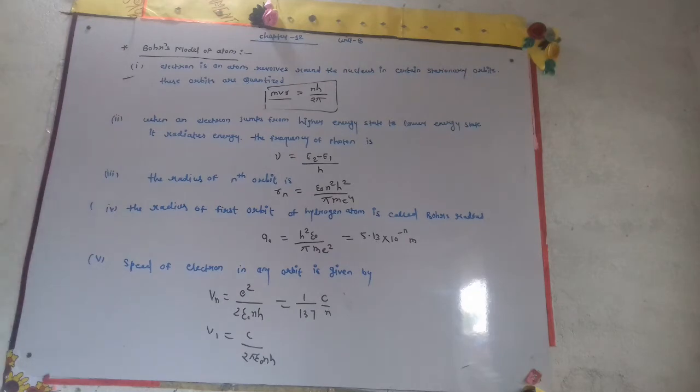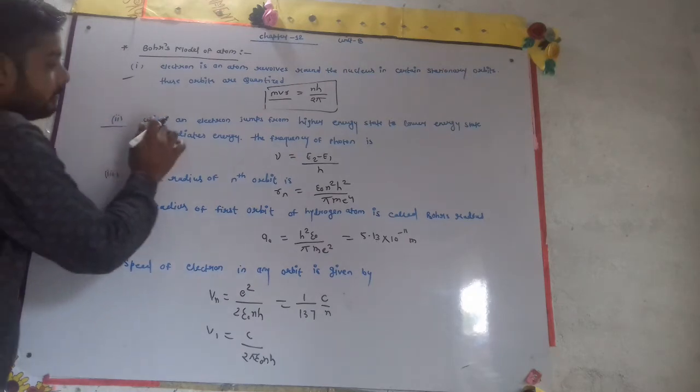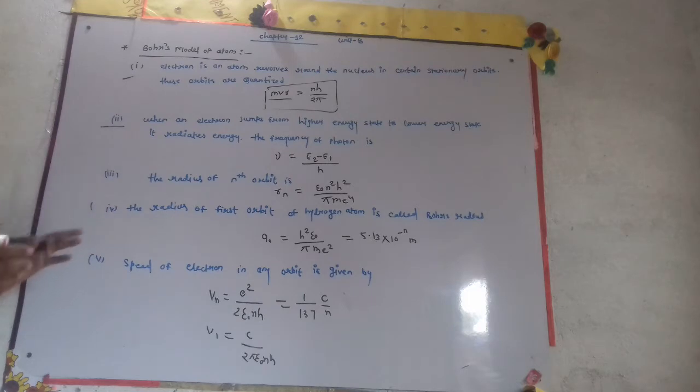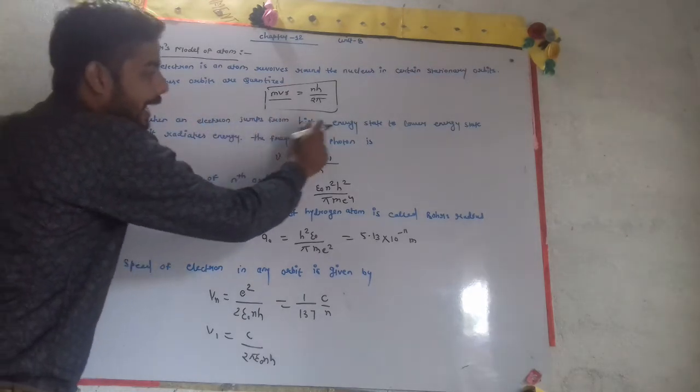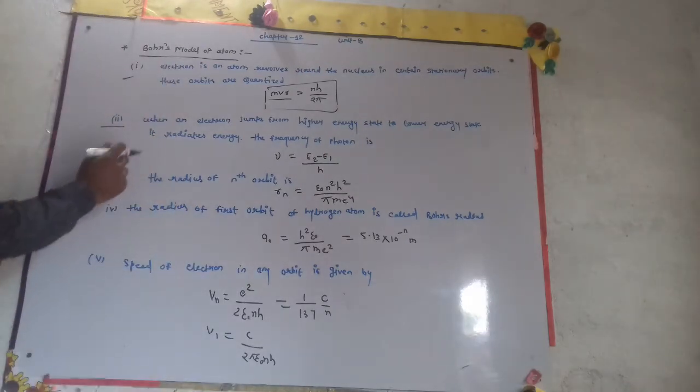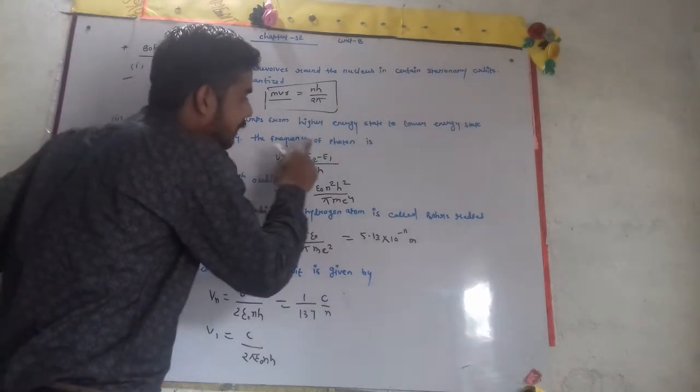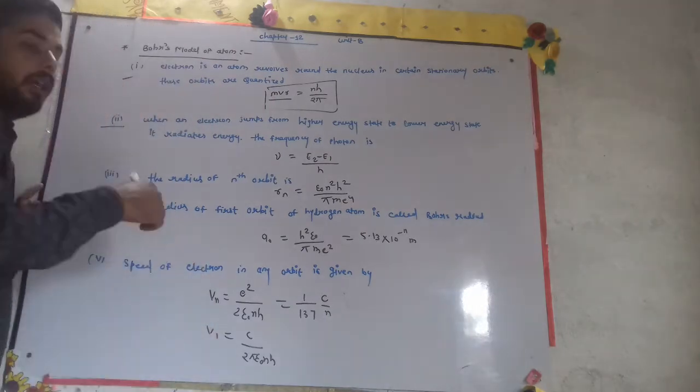Second point: when an electron jumps from a higher energy state to a lower energy state, it radiates energy, the frequency of a photon.